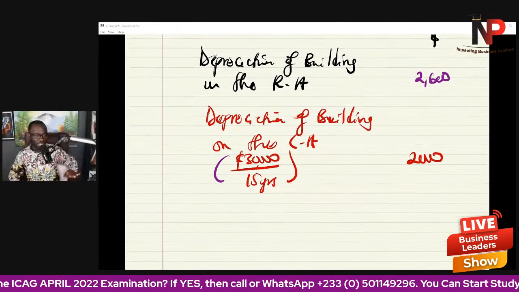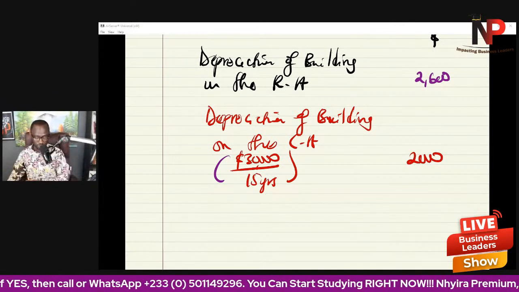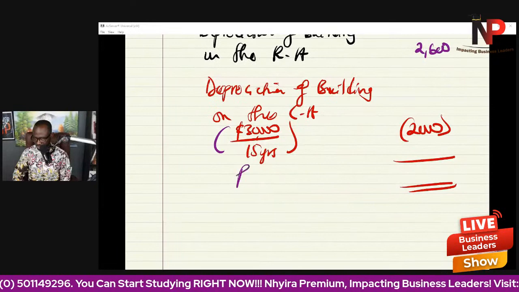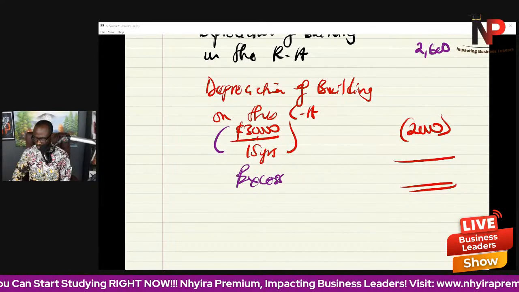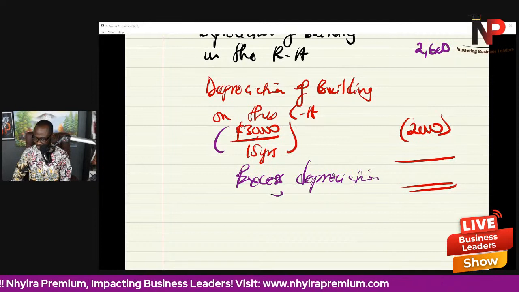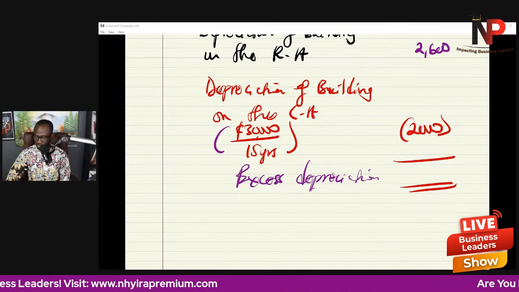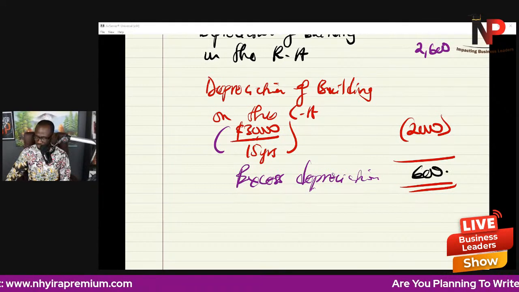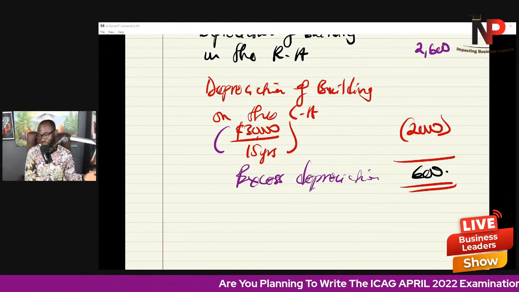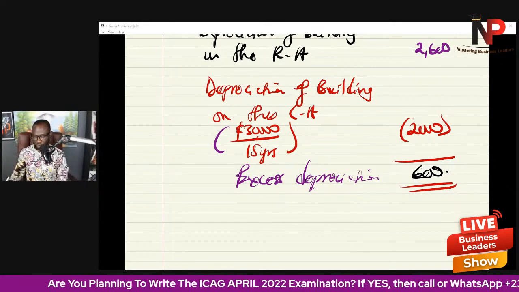So if we hadn't revalued the asset, we would have charged a depreciation of just 2,000. So if you check it out, you see that there is an excess depreciation of 600. So this excess depreciation is what we say you add to retained earnings and subtract it from the revaluation surplus. That's one way to get it.